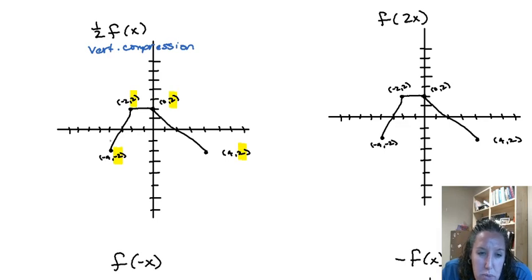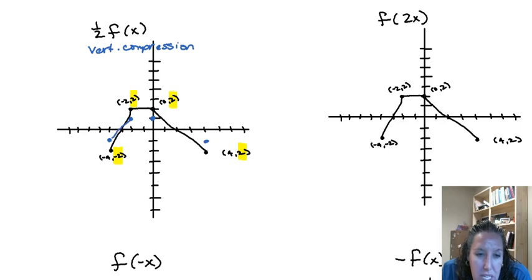So -2 times 1/2, our x value is going to stay the same, so we're still going to be at -4, but it's going to move to a -1 y value. And this one has a y value of 2, so it's going to give us a y value of 1. Same thing's going to happen for this one on the y-axis and for this one on the right.